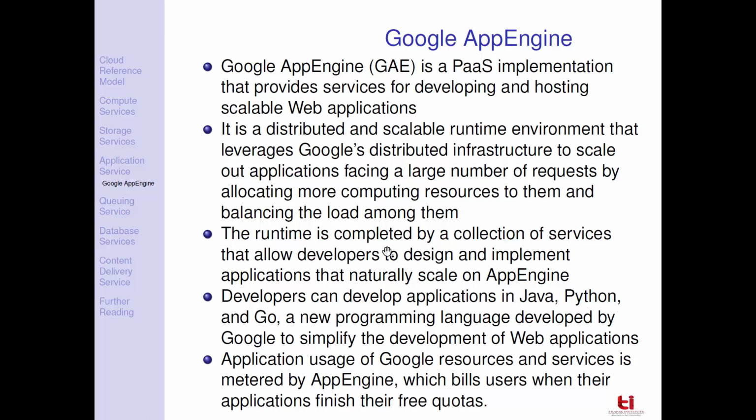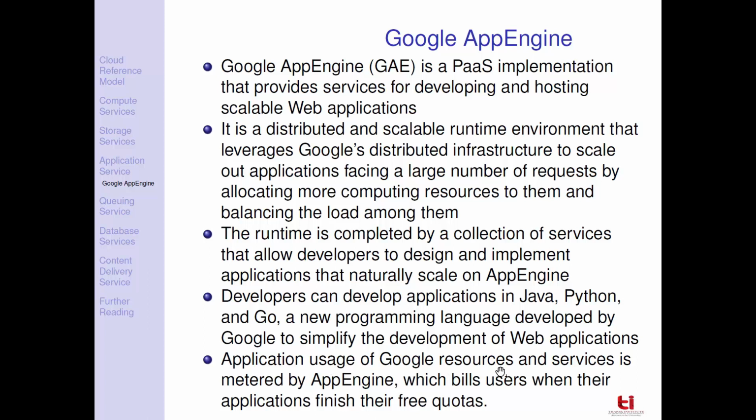So basically this runtime is completed by a collection of services which the users or the developers can use to design and implement the applications. Then developers can develop applications in many languages: Java, Python, and Go. Go is a programming language which is specifically developed by Google for web development applications.